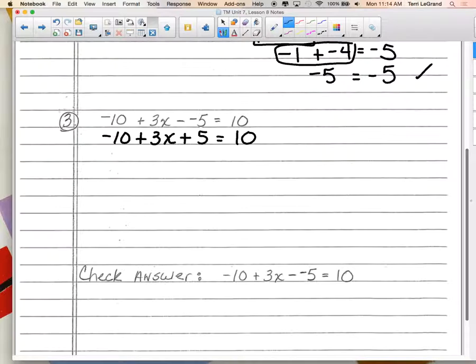What's the next move getting the equation ready? Like terms together. Well, don't we want to rearrange first? Yeah. Okay, who gets to be first? 3x. Who gets to be next? Negative 10. Doesn't really matter. Negative 10 can be or 5 can be. There were no other x's, were there?